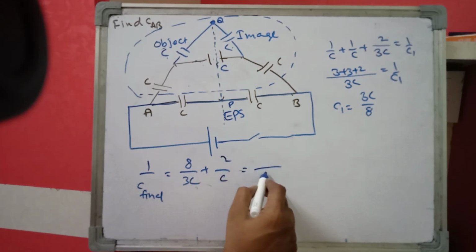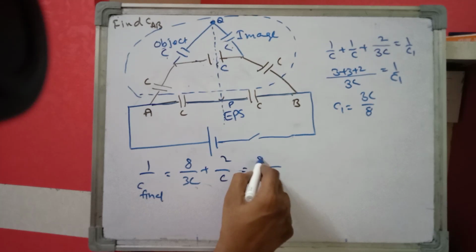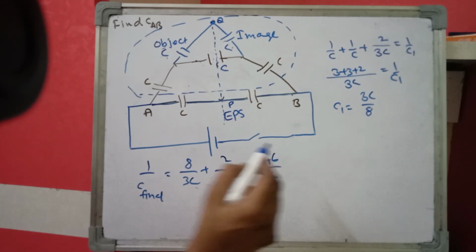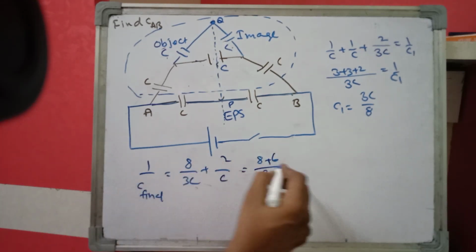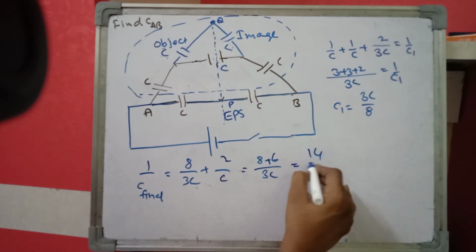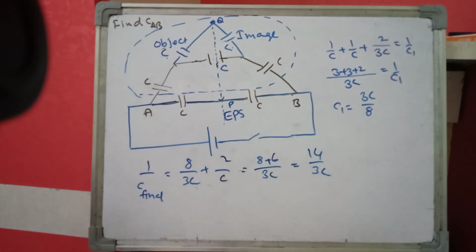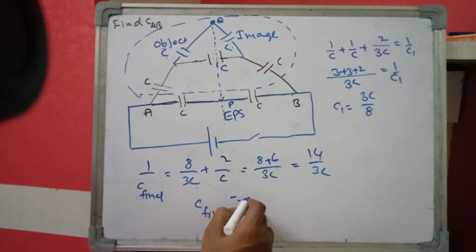Then take 3C as the LCM, then 8 plus 6 is 14 by 3C. Then finally C effective, C final, is equal to 3C divided by 14.